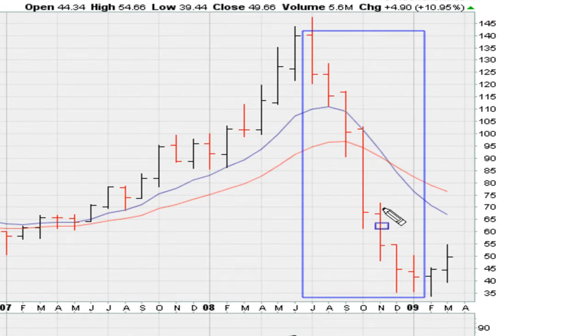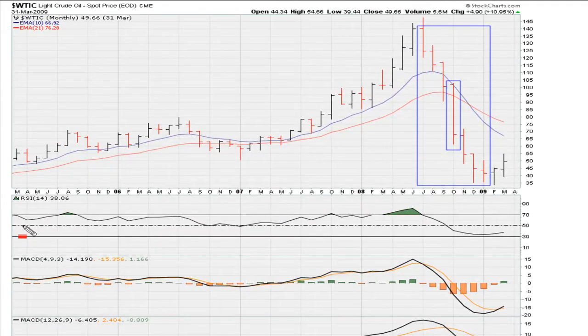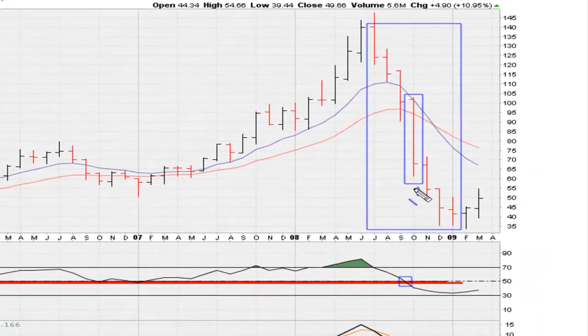And more so, take a look at this plunge, this big drop from 100 all the way to $60 within that 1 month, and we can see that is when the RSI moved to 3-year lows, which corresponds with this RSI move to 3-year lows there.